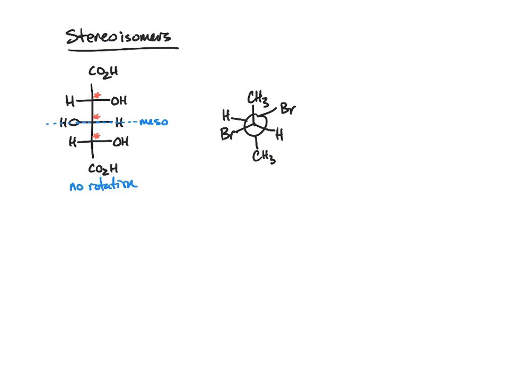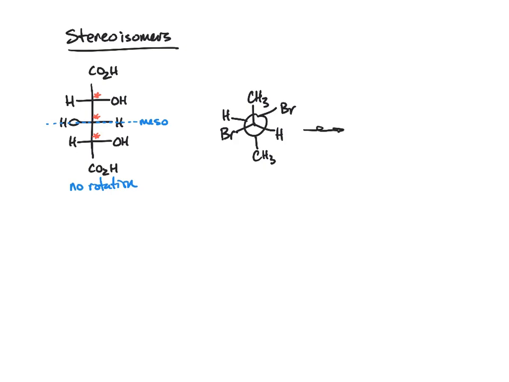So what's challenging about this one is the methyl groups are anti. So you really need to put them in the eclipsed form to determine if there's an internal mirror plane. So let's go ahead and do that.